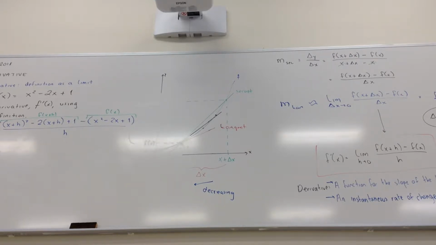Questions? Yo no entendí por qué tomaste las x por f de x plus h. Yeah, it means that for every x that I have in my function, now I put x plus h. (x plus h) squared, instead of x plus h times 2 plus 1, minus f of x, which is the same as the original.